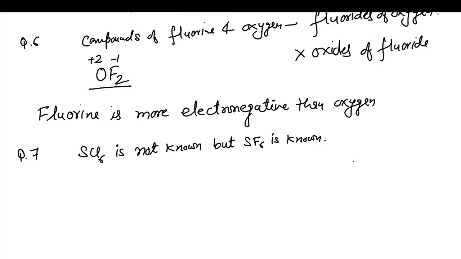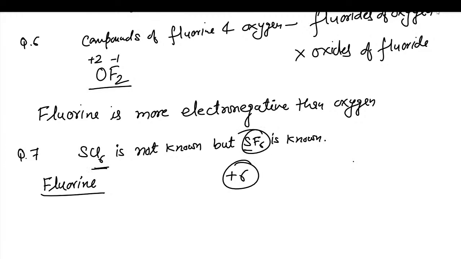What is the reason? Yes. So the reason is, you know, fluorine again being a stronger oxidizing agent can oxidize sulfur to the maximum oxidation state of +6. Therefore, SF6 is known, but SCl6 is not known, because of two reasons.